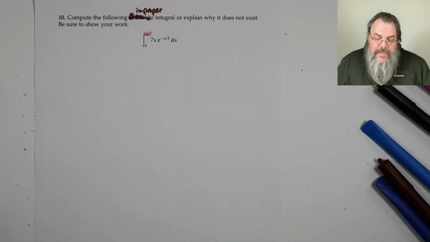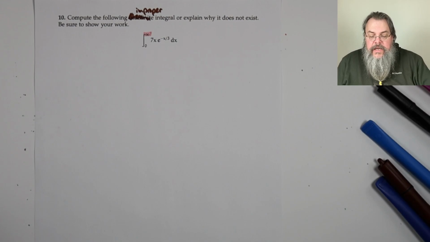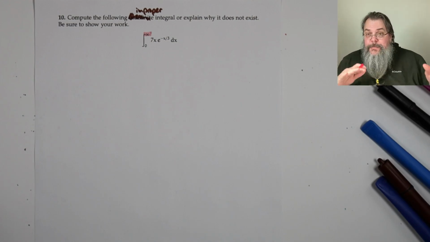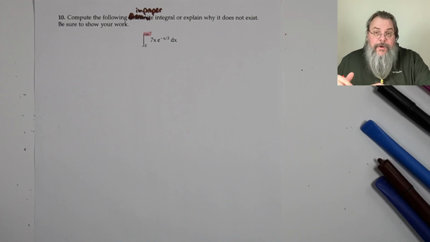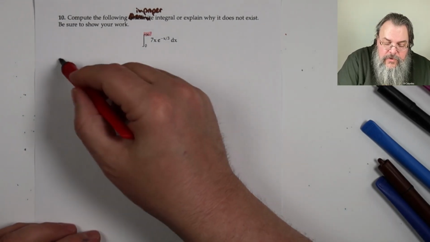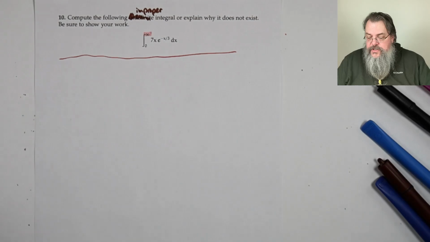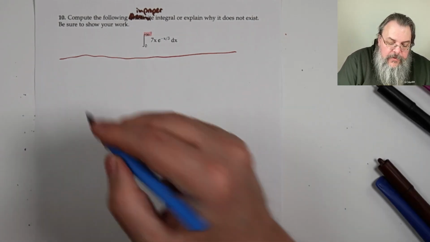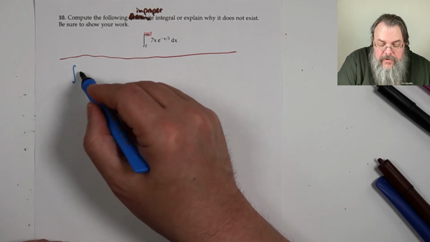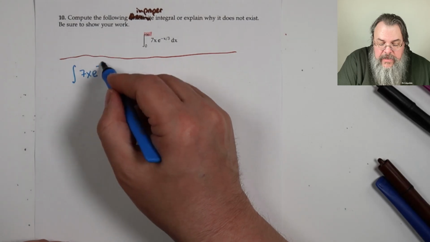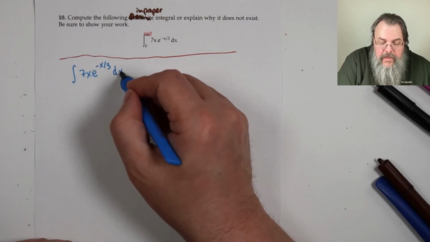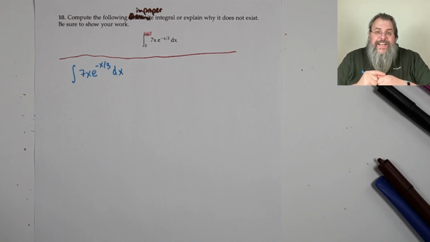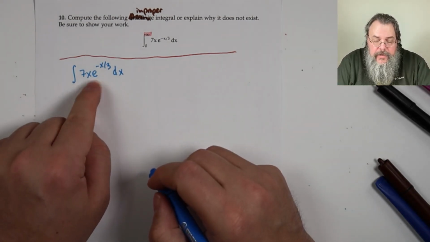Okay, so how do we begin? Now, one strategy you can do is say, let's first do the indefinite integral, and then we'll come back and do the definite part. So I'm going to employ that strategy. Let's suppose we were asked to integrate the following. Integral of 7x e to the minus x over 3. Looking at this, I see that I have polynomial and exponential.